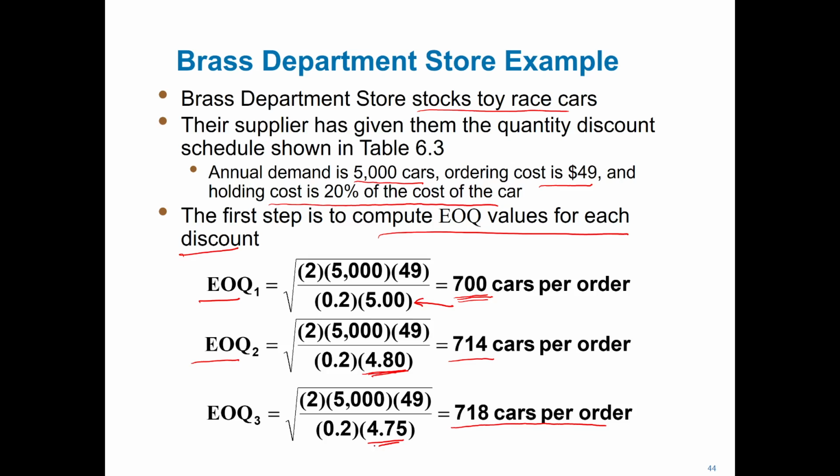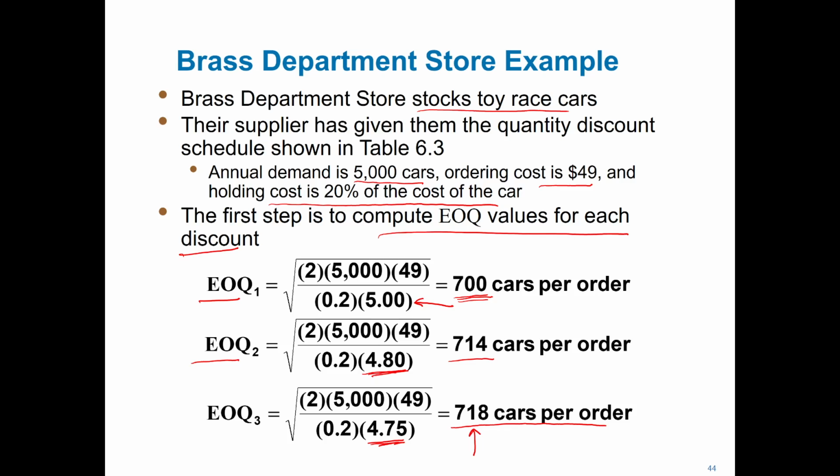Similarly, for the discount of 25 cents, where $4.75 is the price of the unit, the economic order quantity is 718, but this will not qualify unless we order 2000 or more pieces.